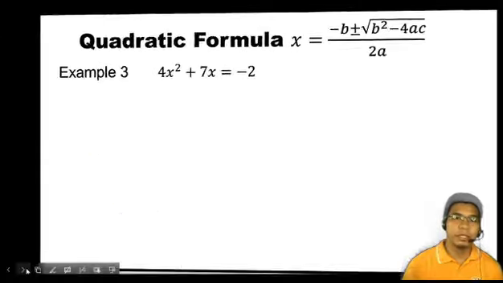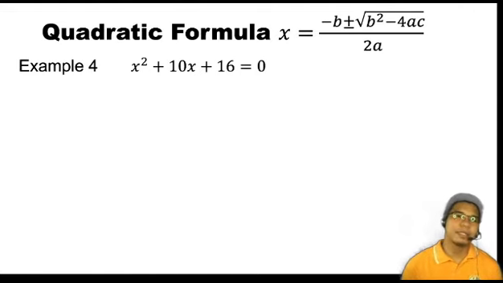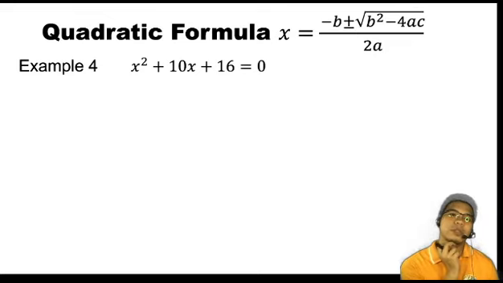Let us now proceed with the next one. Okay, so we are given x squared plus 10x plus 16 equal to 0. So by the way, no, sa lahat ng method na pinag-aralan natin, ito yung pang-apat, ito yung pwede sa lahat. Kasi halimbawa, yung extracting the square root, pwede lang siya kapag x squared equal to k, no?